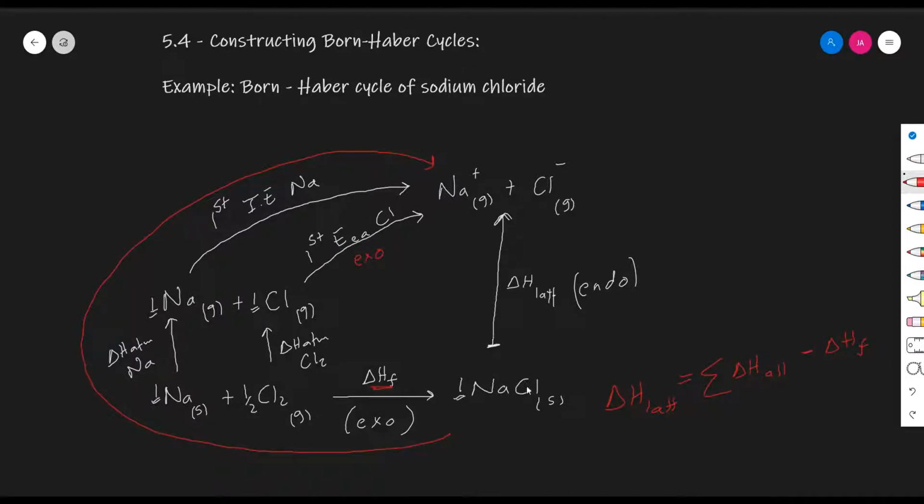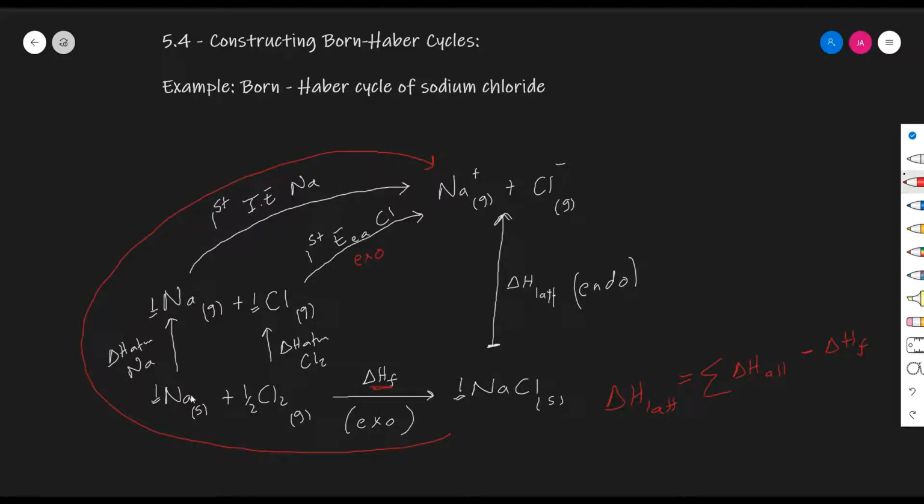Thus, to quickly recap, to construct a Born-Haber cycle to determine the lattice enthalpy of an ionic solid, I would first place the ionic solid over here and its constituent gaseous ions on top, and draw an arrow to represent the process of the delta H lattice, which is the lattice enthalpy.